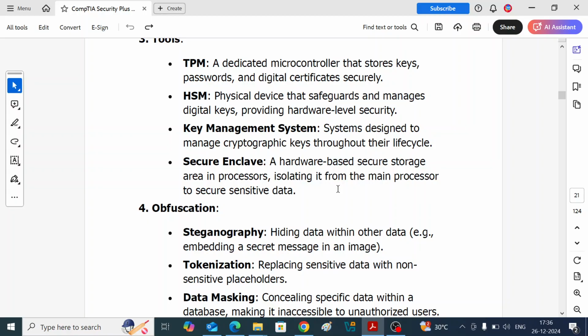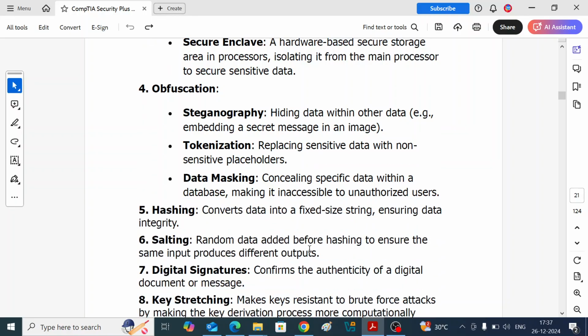That's what we can call a secure enclave in this scenario. You need to provide more security to make sure this piece is isolated from the rest of the camp. The same concept goes here. It's a hardware based secure storage in processors, isolating it from the main processor to secure sensitive data.